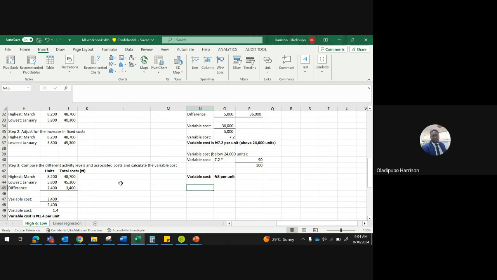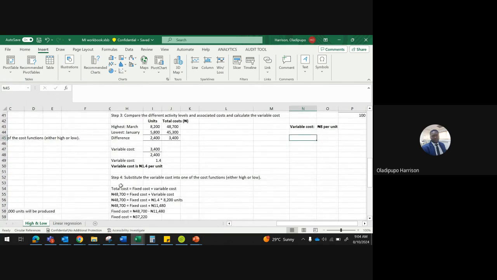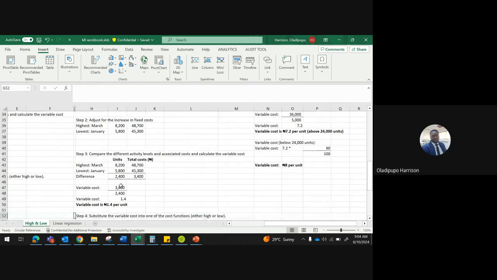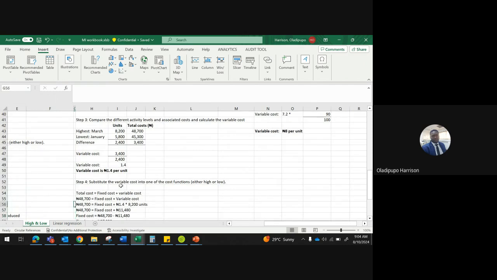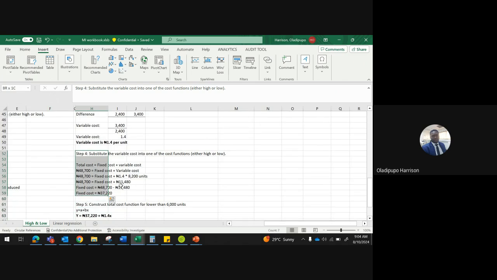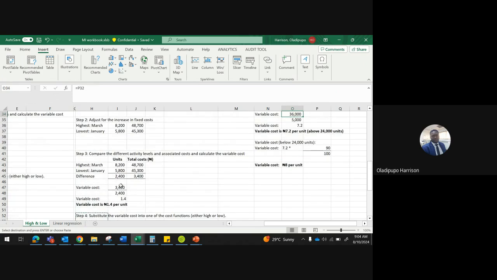Just copy. And in order to do that, we need to get the fixed cost.